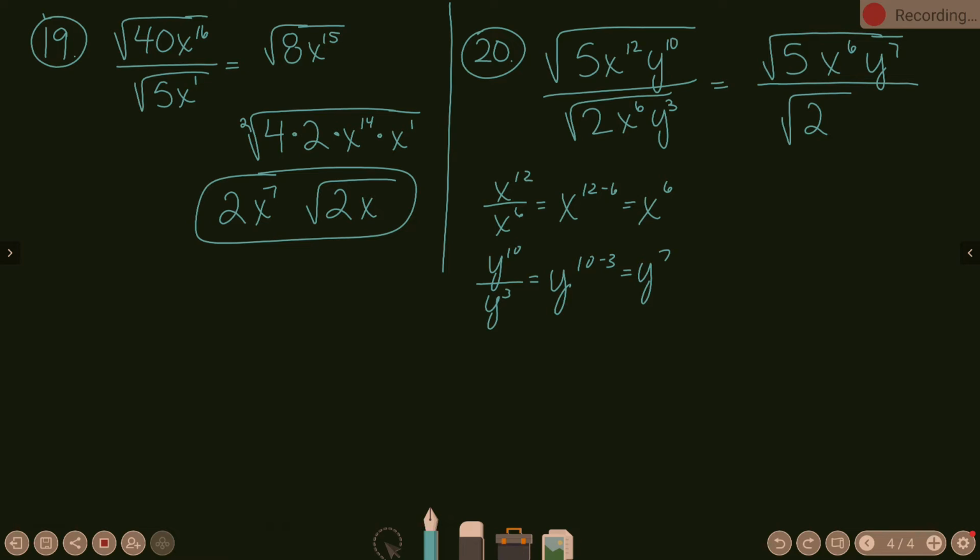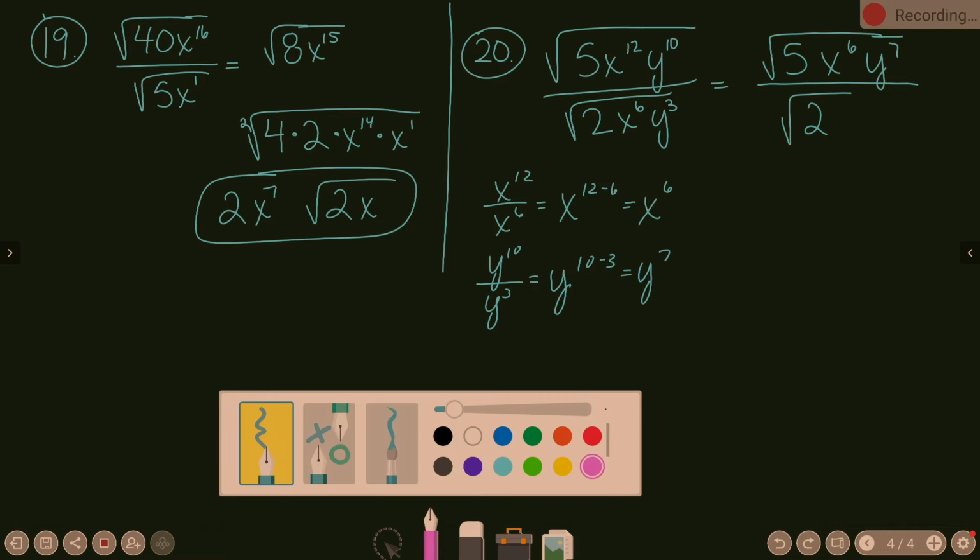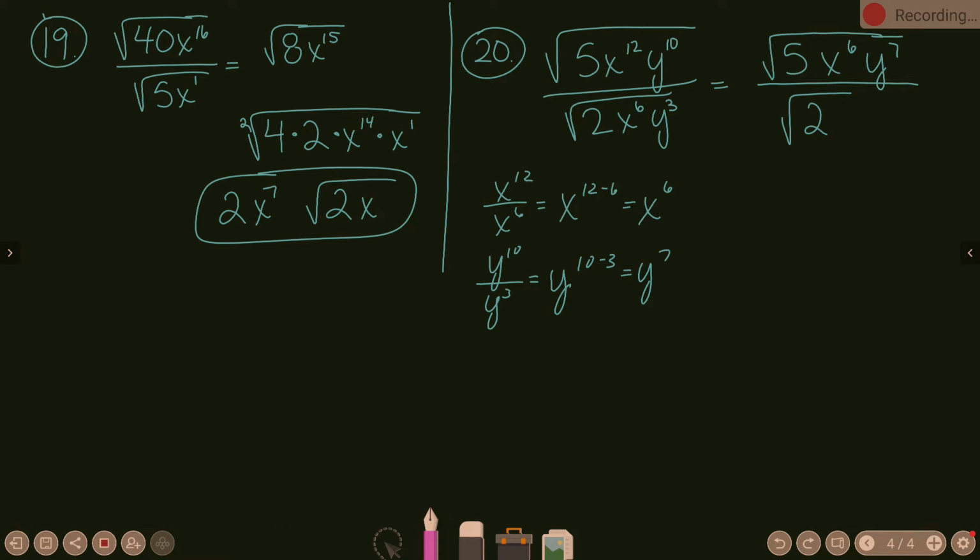Now, there are some perfect squares that we can get rid of in the exponents up here. I'm going to save that for a little bit later. What's wrong with the square root of 2? We're not allowed to leave a square root in the denominator, right? So, the directions say divide and simplify, rationalize the denominator if necessary. That's where we're at, guys.